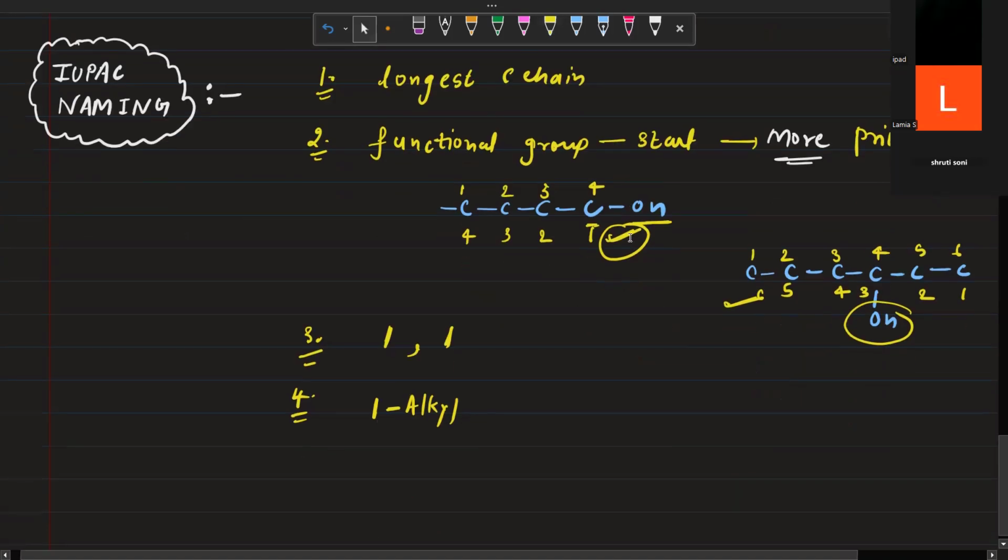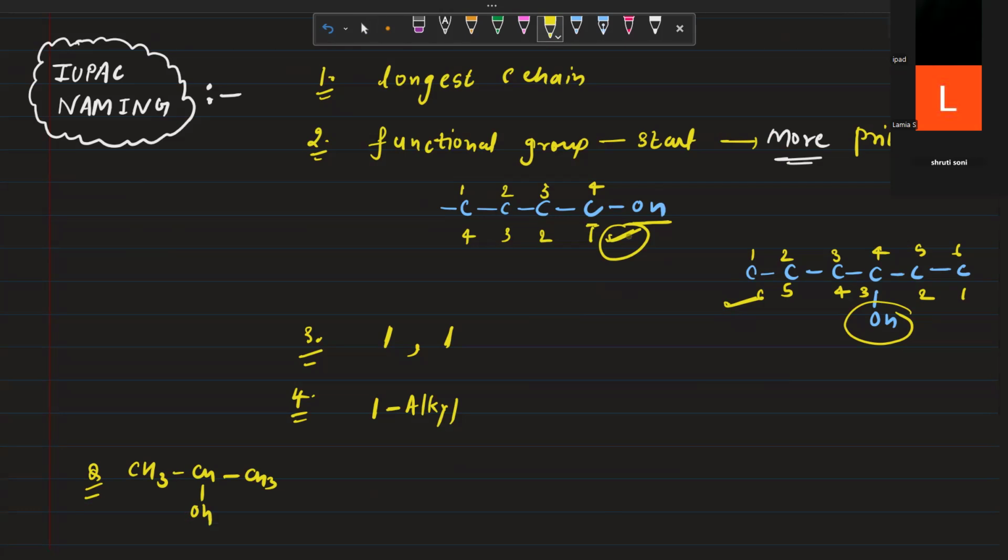Now I'm giving you an example and you tell me what is the IUPAC name for that. CH3, CH, CH3, OH, and there's one more, this one.